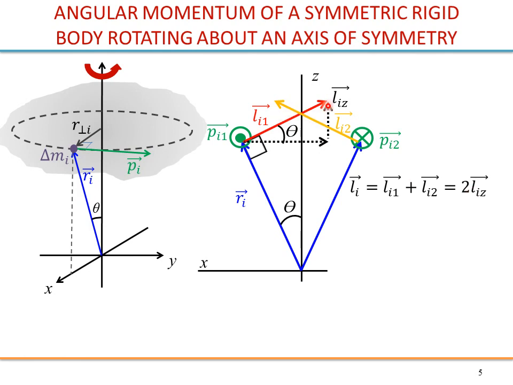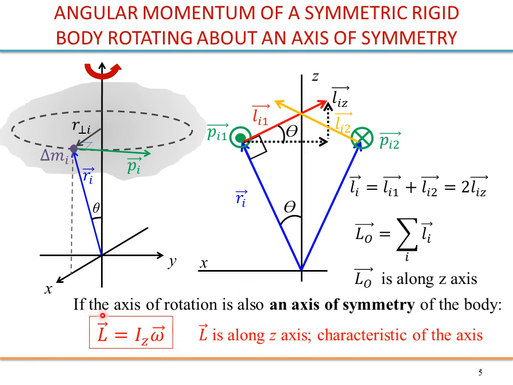And it is in fact 2 times what we have calculated before, L_iz, because we sum one vector plus another vector. So the important point is that in this case, L is along the z-axis.